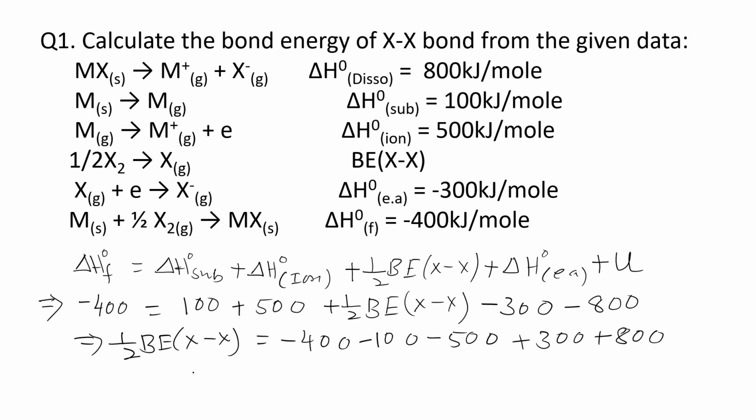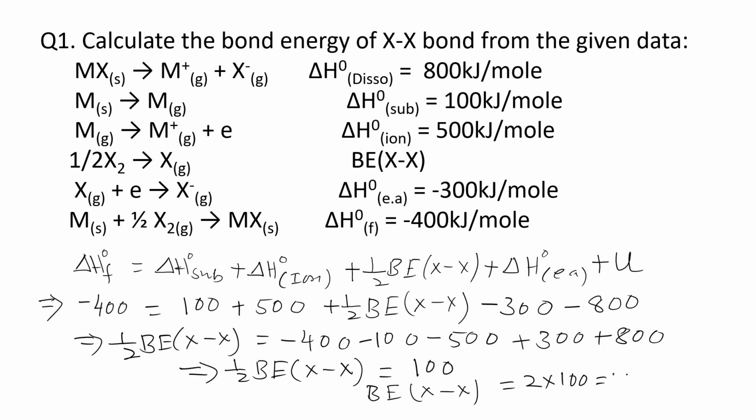So the half bond energy of this XX bond is equal to 900 minus 1000 plus 1100, that means it is plus 100. So therefore, the bond energy of the XX bond is equal to 2 into 100, that means it is 200 kilojoules per mole. Hope you have got this answer when you have solved this one.